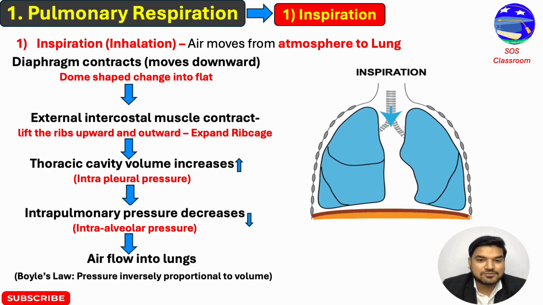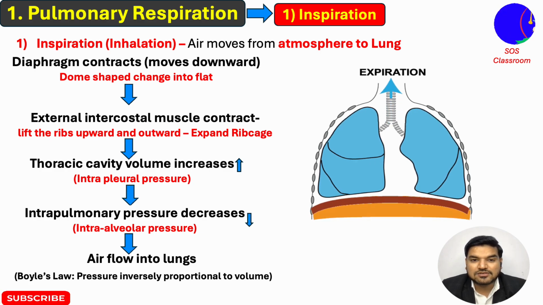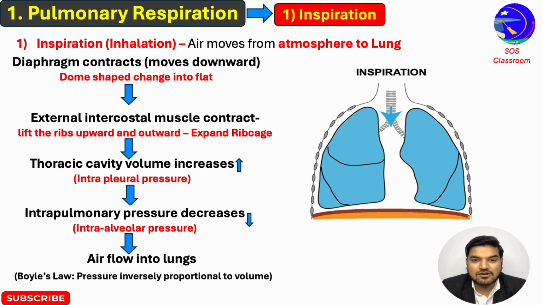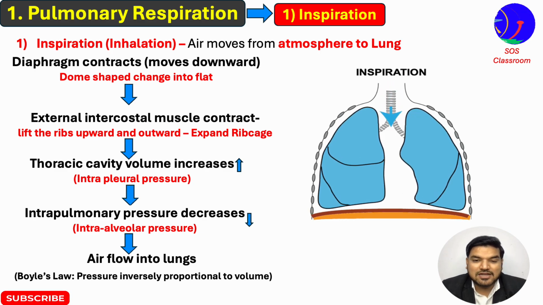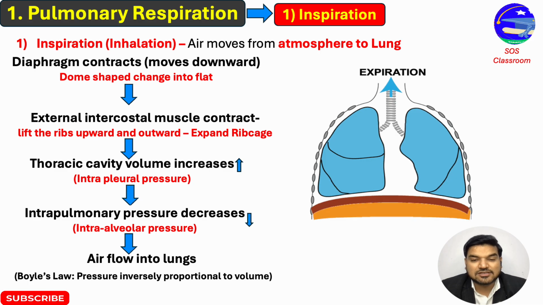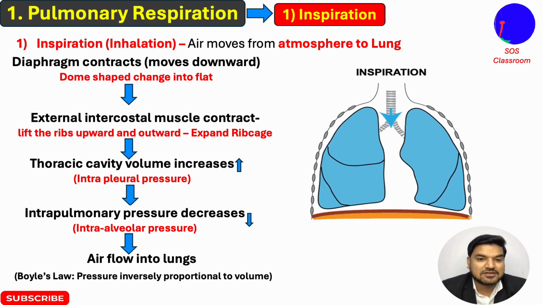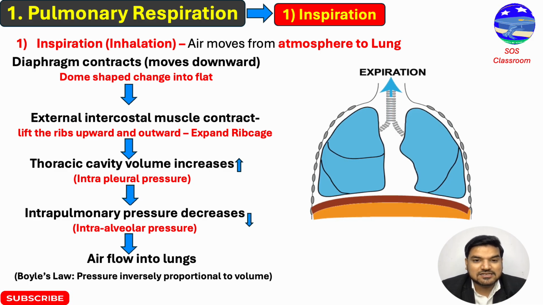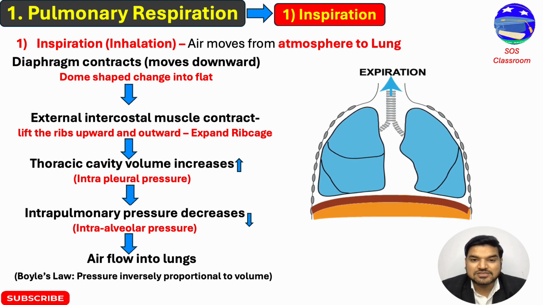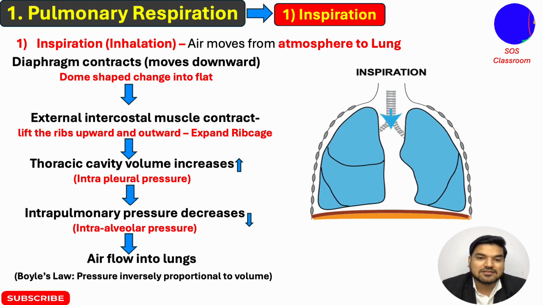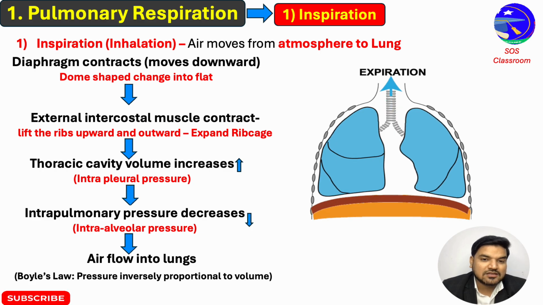So in the process of inspiration, contraction of the diaphragm and contraction of the intercostal muscles lead to expansion of the thoracic cavity. When the thoracic cavity expands, the intrapulmonary pressure, or intra-alveolar pressure, decreases compared with the external environment.